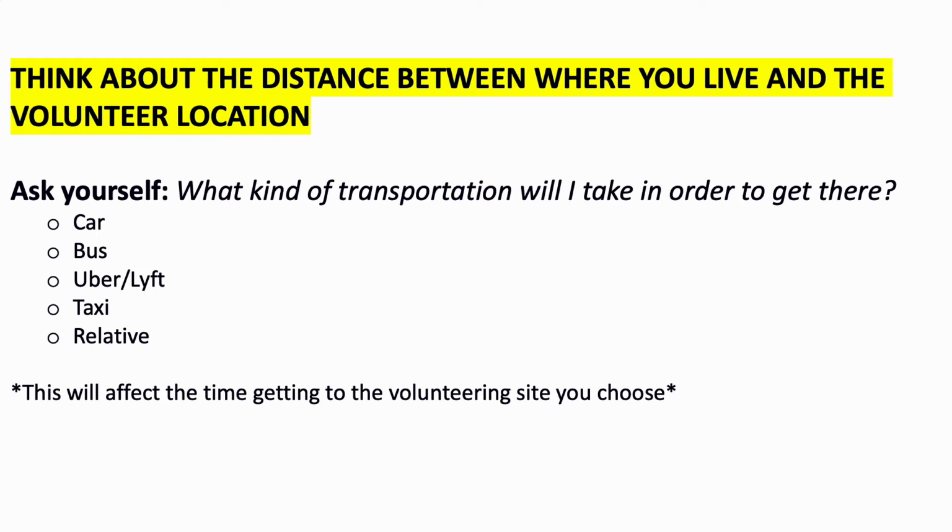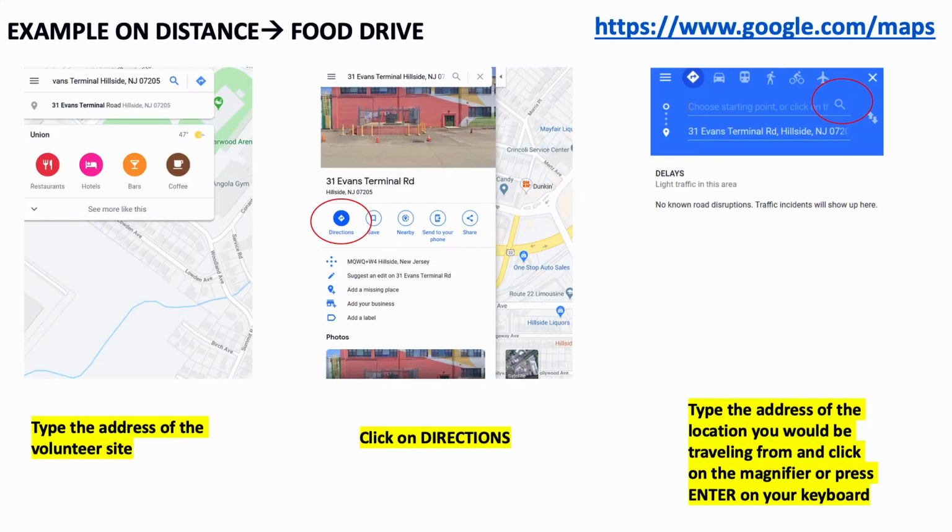The transportation you have will affect the time it will take for you to get from point A to point B. I have included a way that you can find out the approximate time it would take for you to get to your destination through Google Maps.